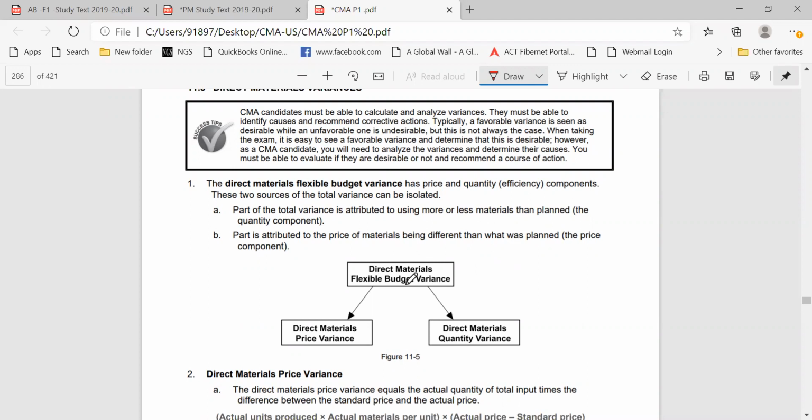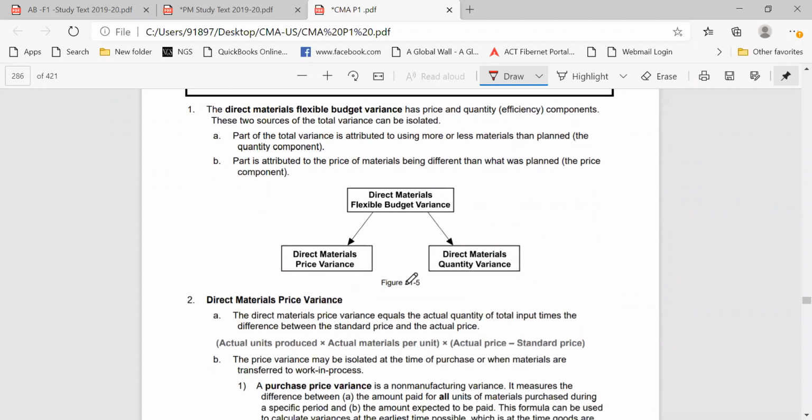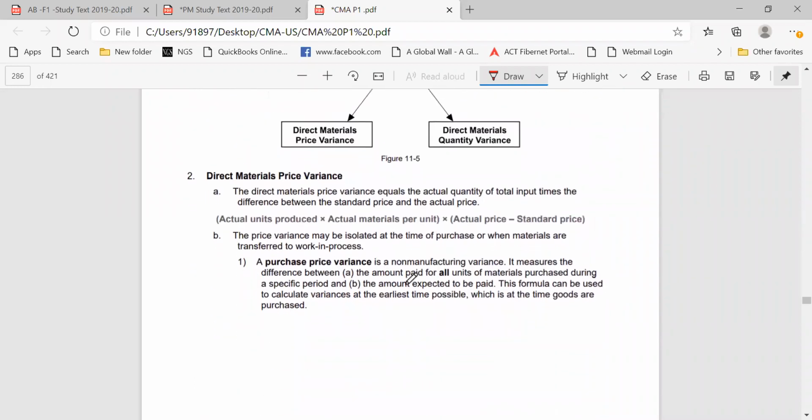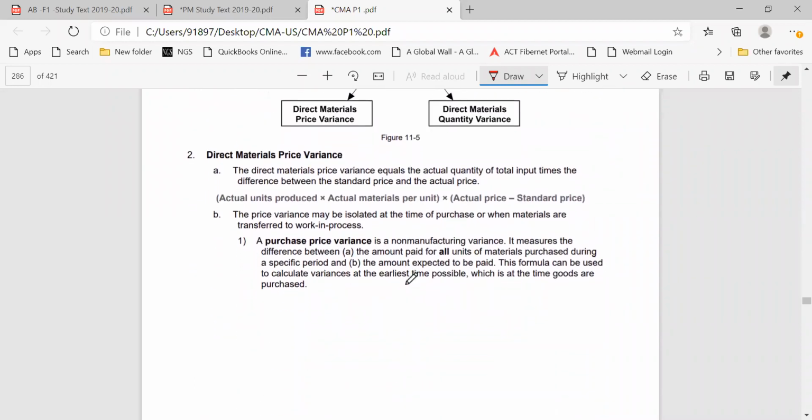Usage variance is nothing but your quantity variance. Now here is just a simple formula which you need to apply to get this complete problem solved.